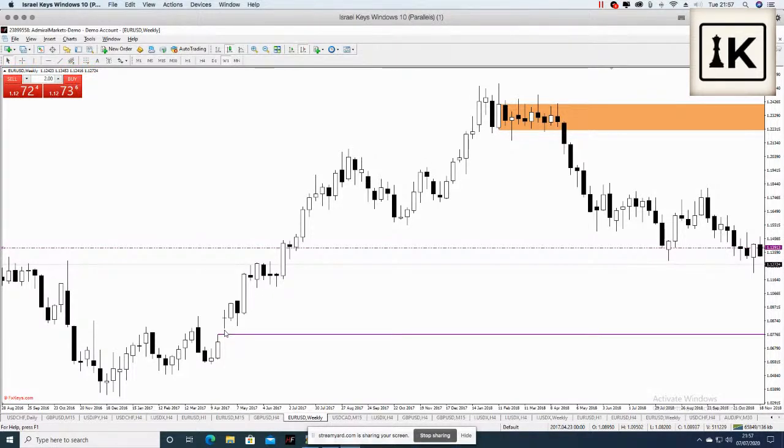Because as people keep buying, they keep increasing the price. If the demand is so high that the price jumps, because this gap that looks so small there is actually 32 pips. That is absurd.